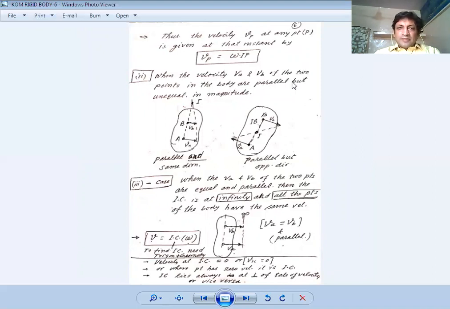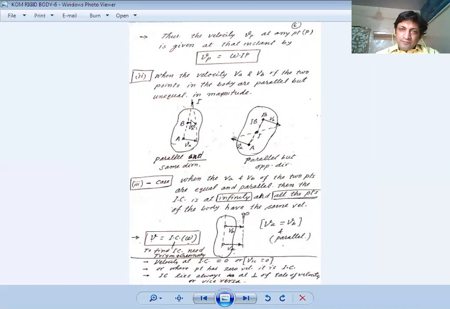Now, the second condition: when the velocities VA and VB of the two points in the body are parallel but unequal in magnitude. How do we locate the IC? We join the extreme points of the velocity vectors, and the point of intersection is the IC.